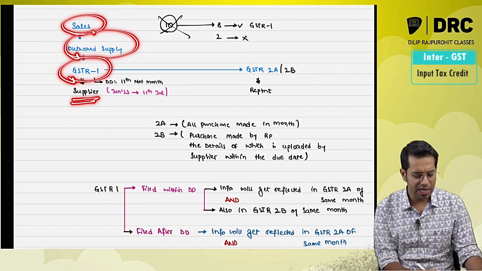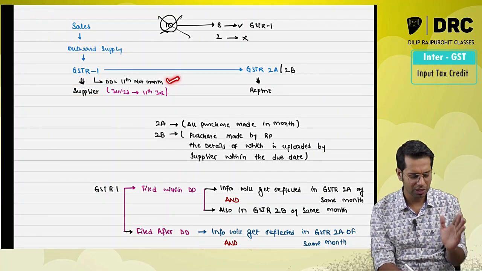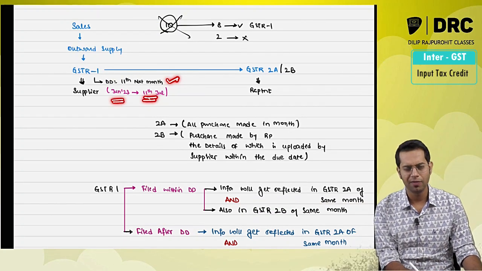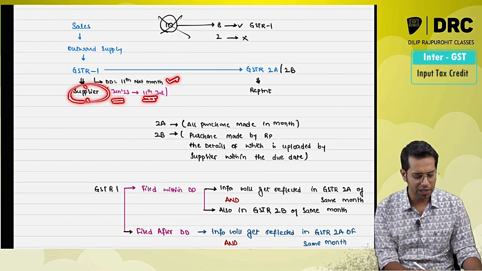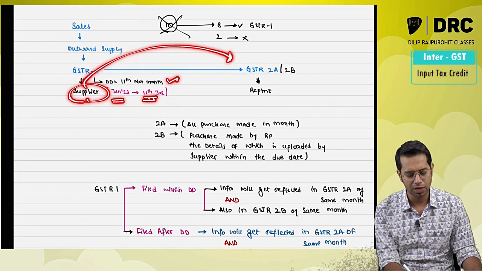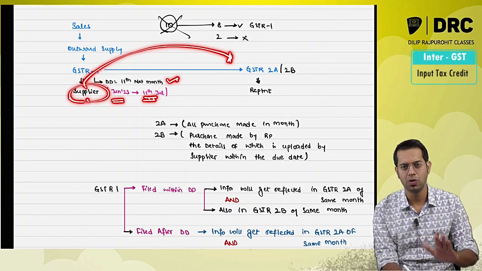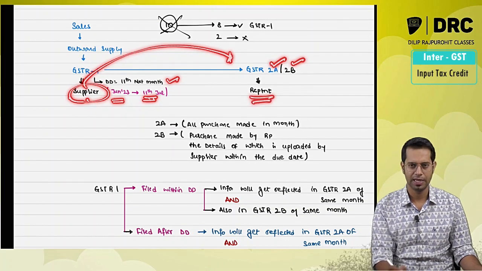Now this GSTR1 is normally required to be filed by the 11th of the next month. So whatever month it is, by the 11th of the next month you are required to file the return. For example, for June, the 11th of July is the due date. So the supplier will have to file GSTR1. Whatever GSTR1 the supplier is filing, the information with respect to those invoices will go to GSTR2A and 2B of the recipient. It will go and sit where?